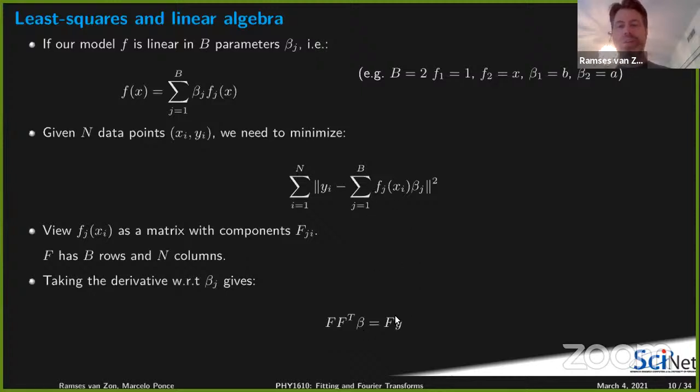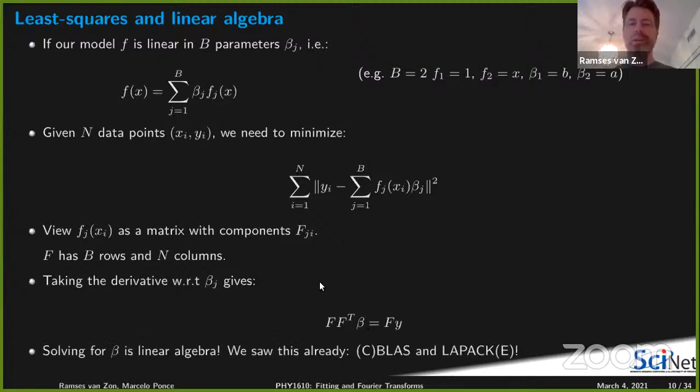If you like a bit of algebra, you should check this yourself, but this is what comes out. When I take the derivative and set it to 0, it's equivalent to this set of equations. Just to be clear, the x values are still in the F, right? So F contains all of the x values, and the y values are in this y vector. So both x and y are still in there, and by solving this equation, I will get the vector of beta, which is all the parameters.